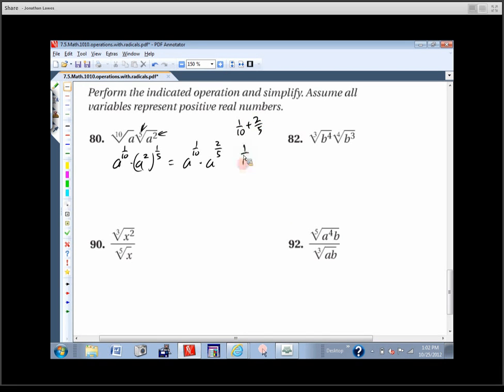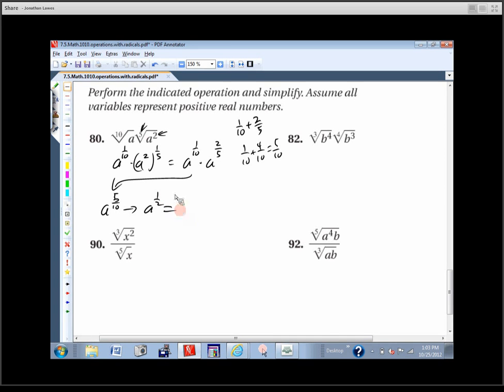Well, that's going to be 1/10 plus 4/10, which is going to be 5/10, which I could write as 1/2. So this becomes a to the 5/10, which is a to the 1/2.